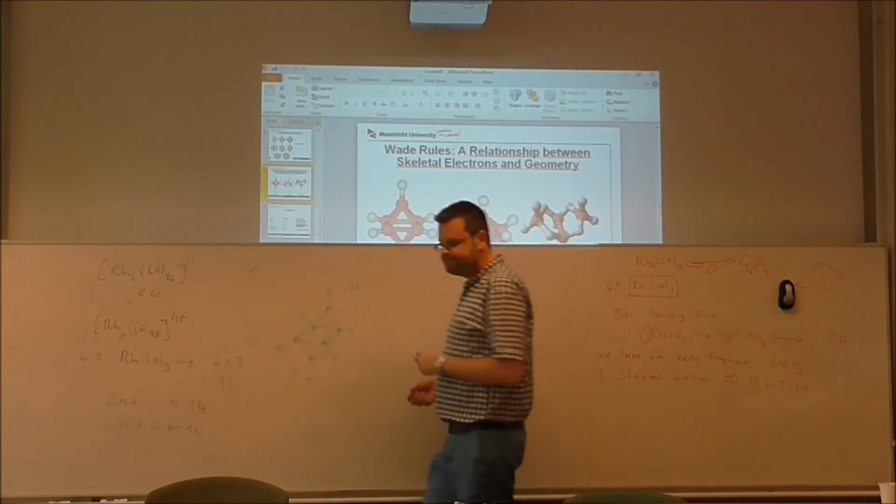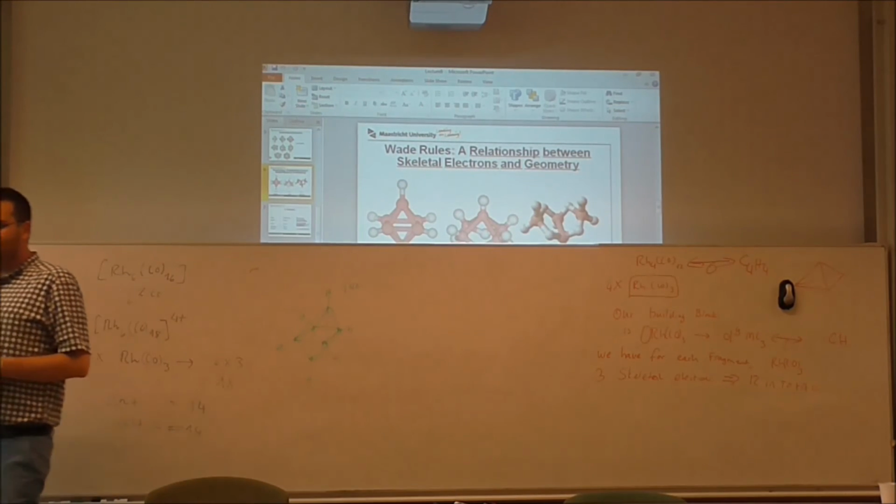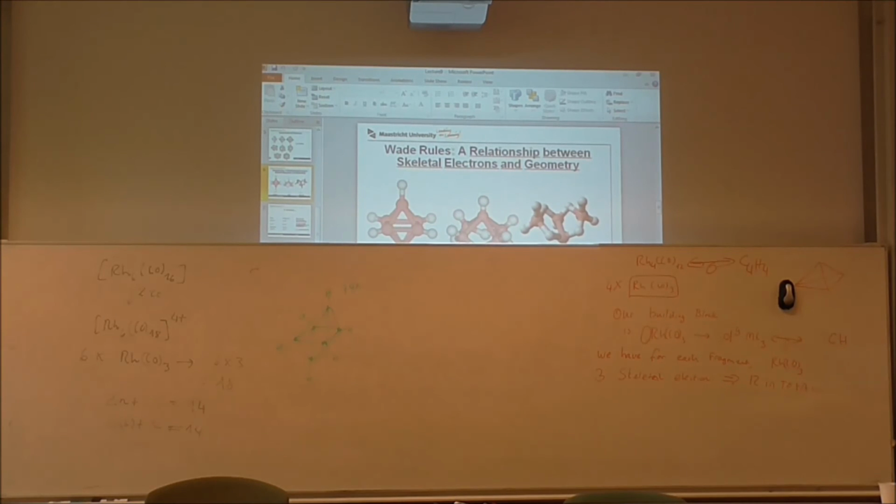So, yes, there was a question. With the benzene ring, wouldn't that be like 6 times CH? Yes. So wouldn't that be the same as the 6 RhCO3, so the same as the ion? Well, rhodium is in group 9, remember?